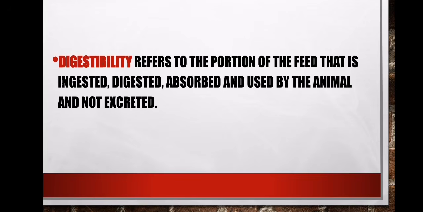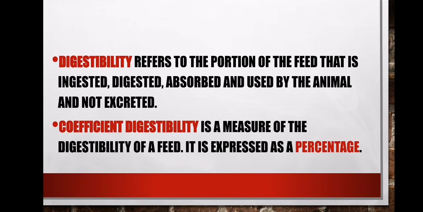Now, we have to ask ourselves, how do I calculate its digestibility? What do I do if I want to calculate its digestibility? It takes us to the digestibility coefficient, which is a measure of the digestibility of feed. So we use the digestibility coefficient to measure digestibility of a feed.